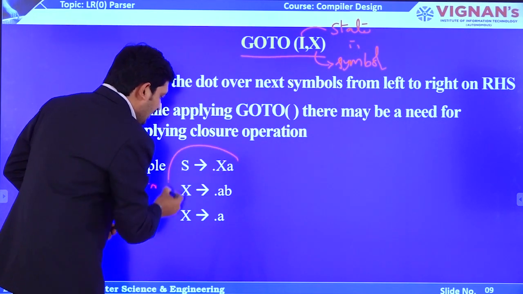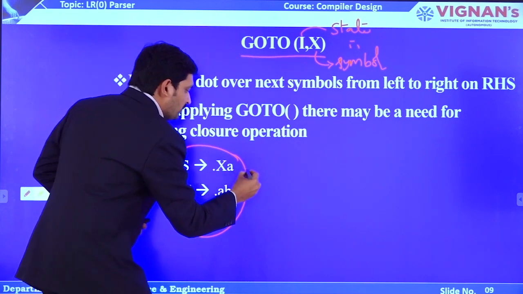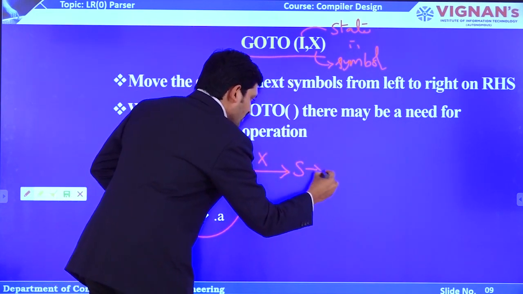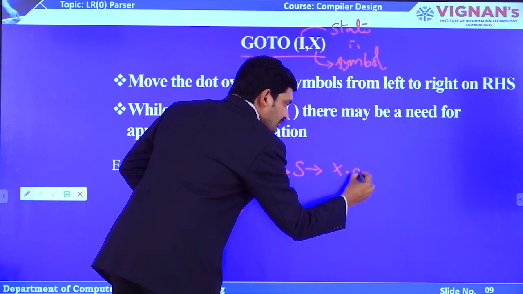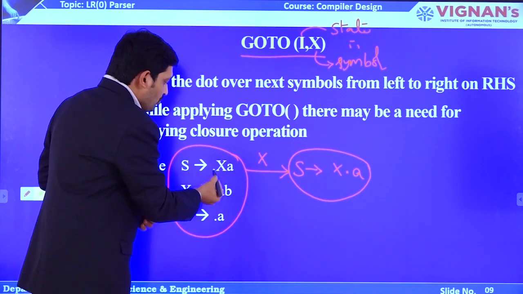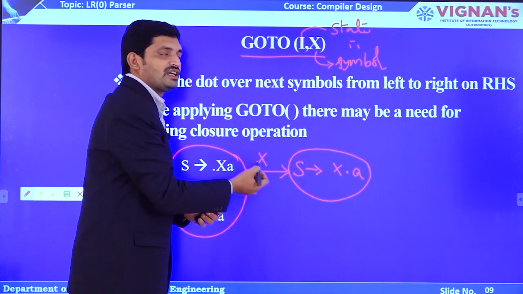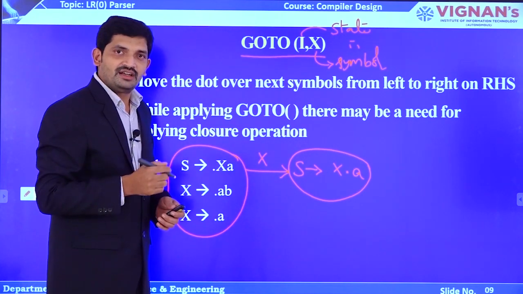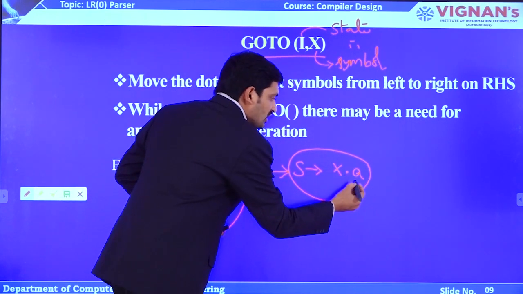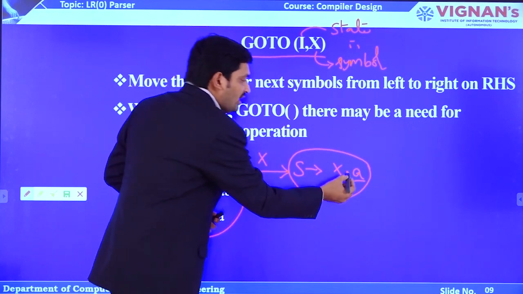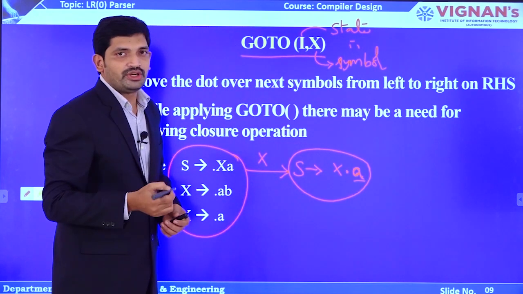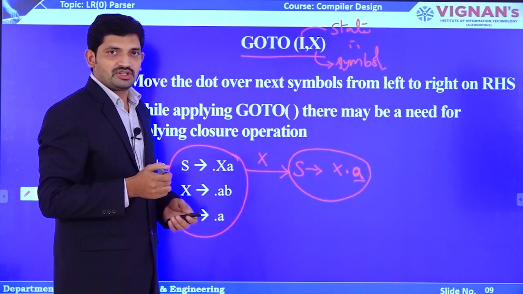If this is the item given to me, I perform the goto operation as S tends to X dot A. Here you can see I am moving this dot one symbol at a time from left to right. While applying the goto operation, we have to think about the closure operation. But here, after this dot a terminal symbol is there, so there is no need to apply the closure operation.